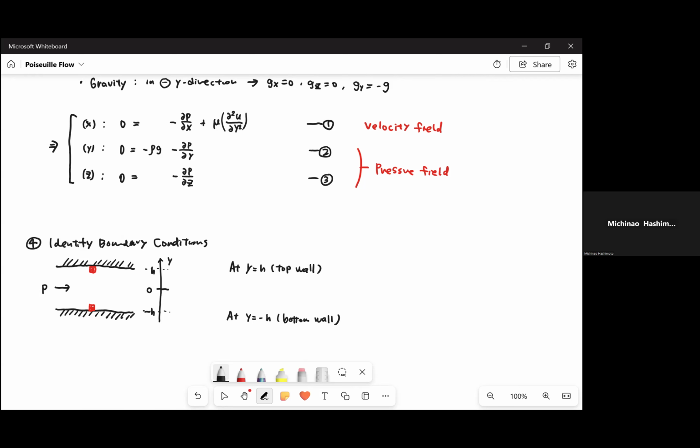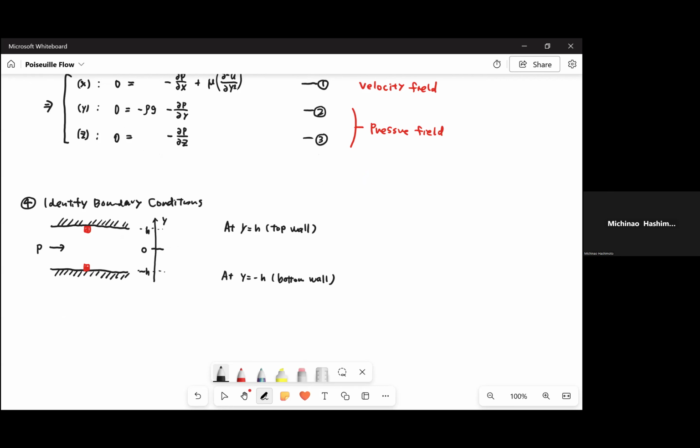Both of these are really the no slip condition, right? So u equals 0.